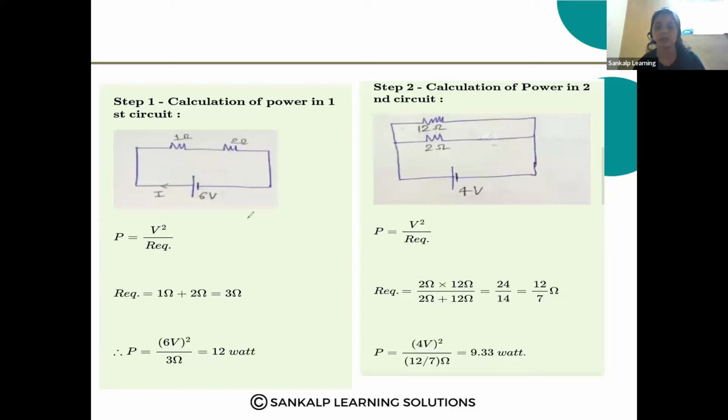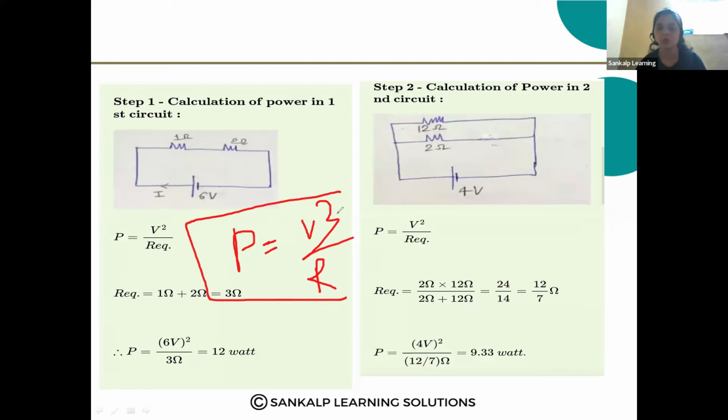You know the formula P is equal to VI. In this formula, you can write I is equal to V by R. So P is equal to V square by R. Here V square means 6 square.